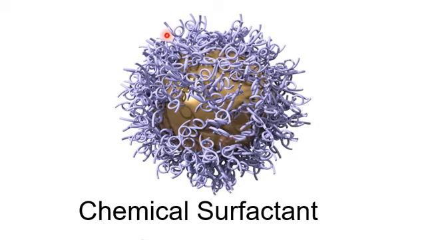Please note that there are two different types of surfactant which are used in chemical processes. One type of surfactant is known as non-ionic surfactant.